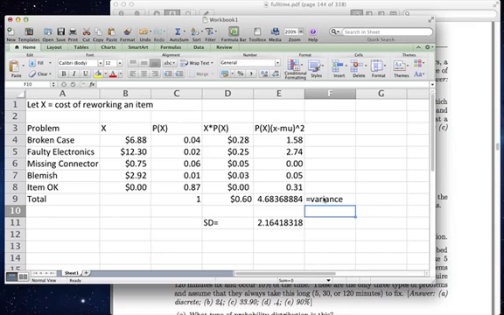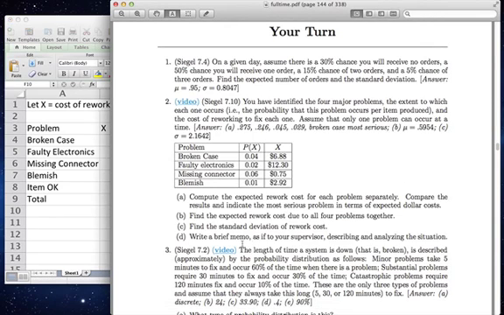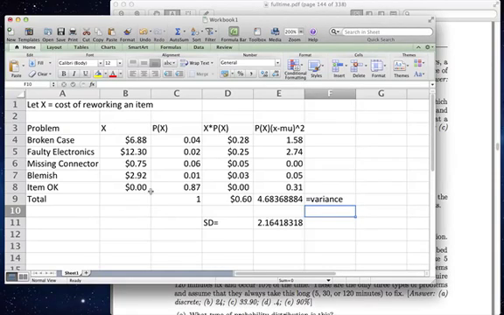All right, now let's look at the end of this. Write a brief memo. So I'll just talk you through the memo. If we want to reduce our rework cost, where should we focus our energy? Well, let's say, for example, that we focused on reducing the number of blemishes that are produced.